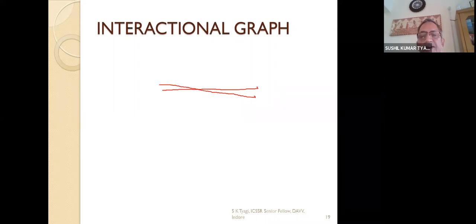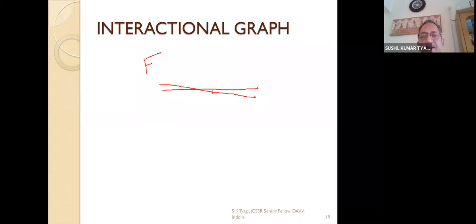But no, there is no interaction because this angle is insignificant and these two lines almost overlap each other. Therefore, actually, there is neither a significant main effect 1, nor main effect 2, nor an interactional effect. That is why we draw the graph when there is a significant f value for interaction.